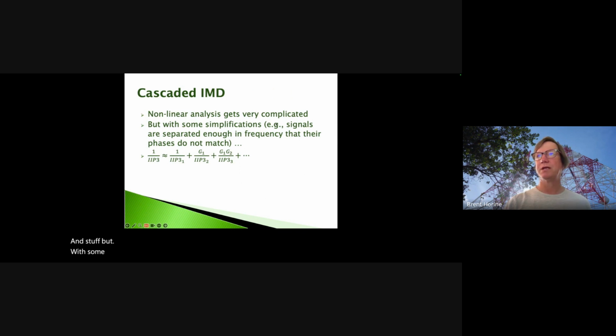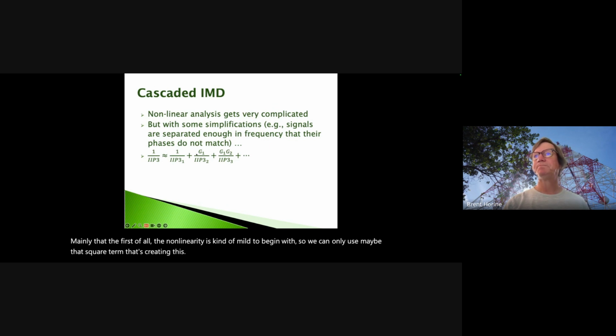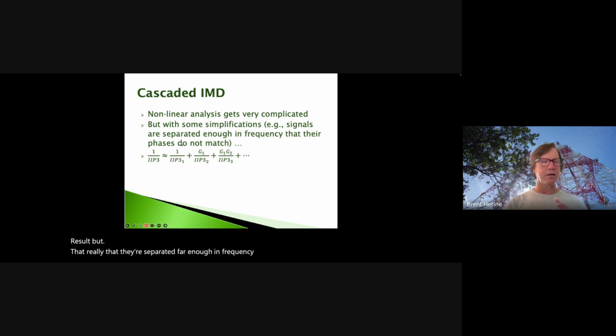In other words, mainly that, first of all, the nonlinearity is kind of mild to begin with, so we can only use maybe that squared term that's creating this result, but that they're separated far enough in frequency that their phases don't line up, right?